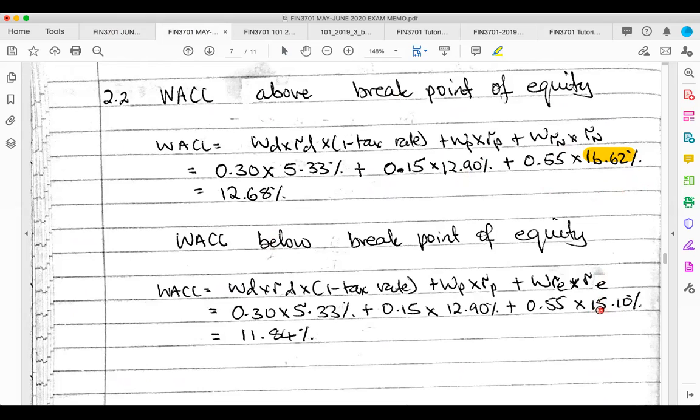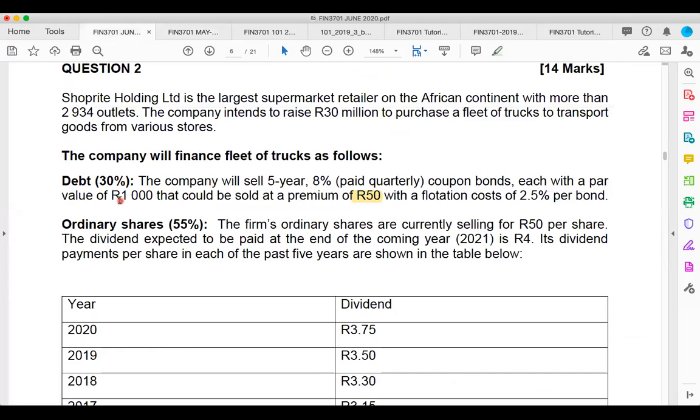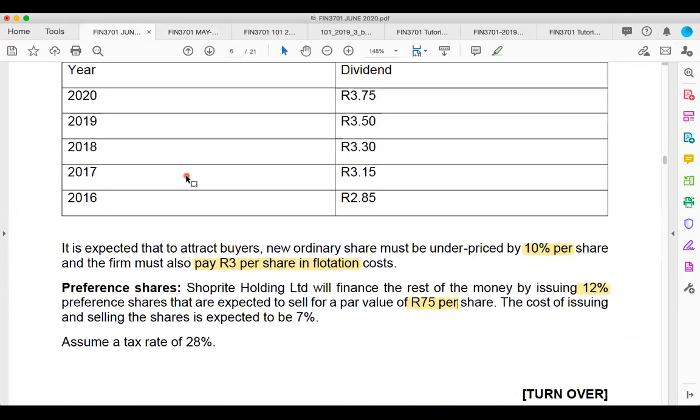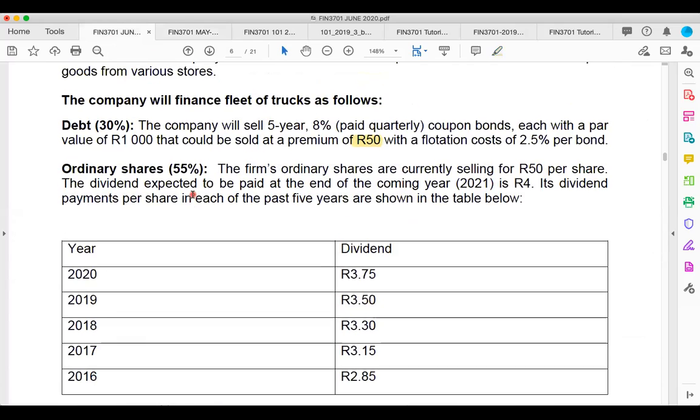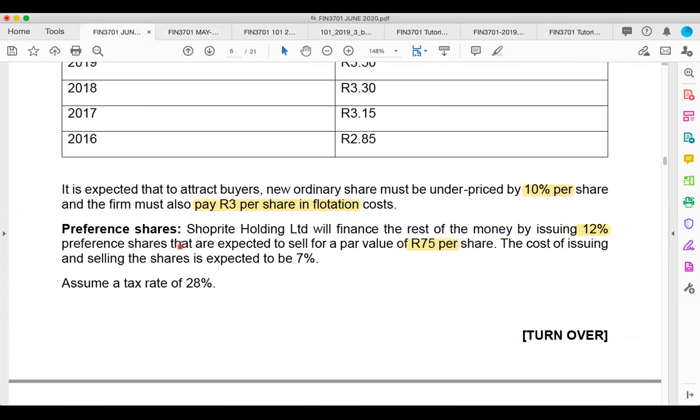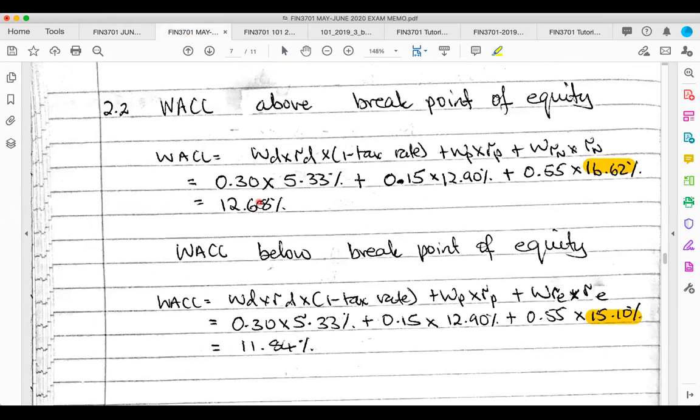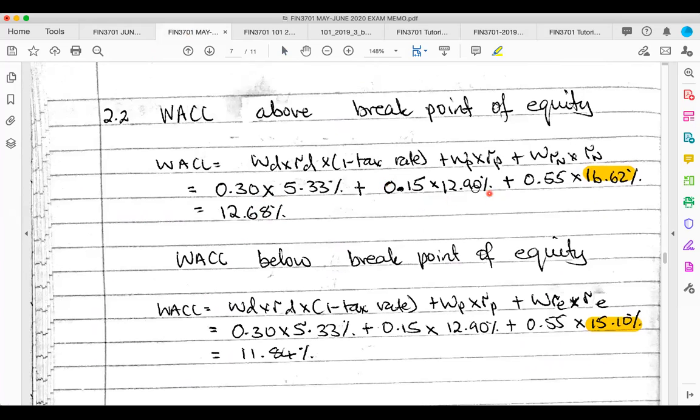But if we are below the breakpoint of equity, we use the existing cost of equity in our WACC calculation. And then the weights are given. We are told 30% debt, 55% ordinary shares, and that leaves 15% preference shares because our weights always add up to 100, right? So that's where we got that 0.15.